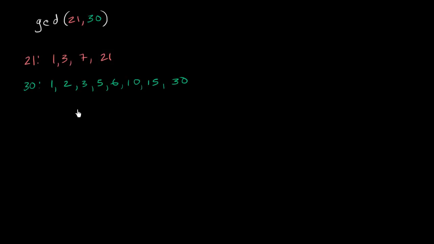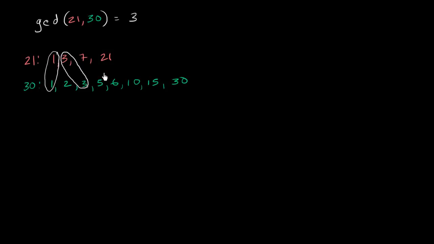And now, what are the common factors? Well, 1 is a common factor. 3 is also a common factor. But what is the greatest common factor, or the greatest common divisor? Well, it is going to be 3. So we could write 3 here.